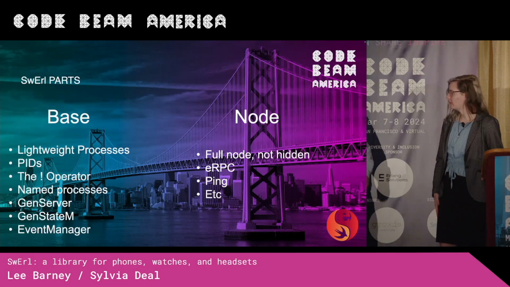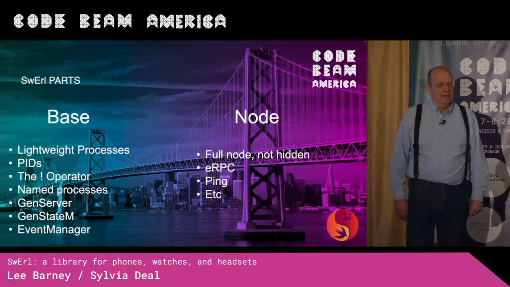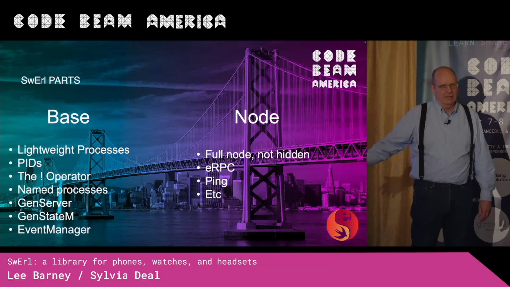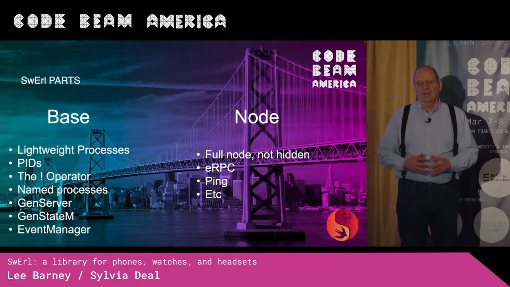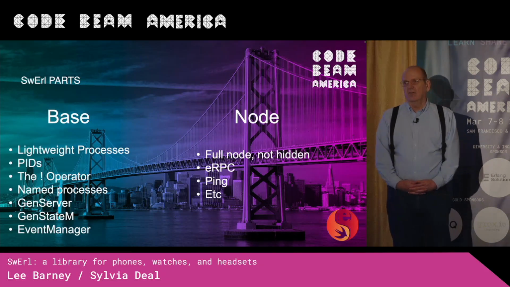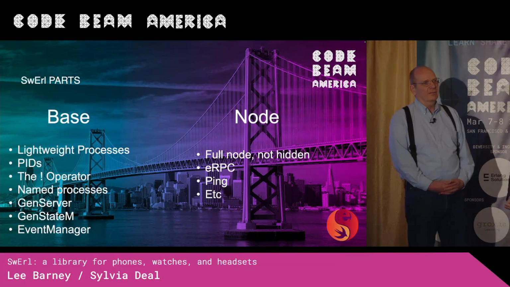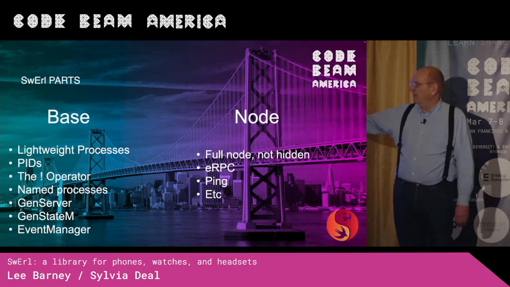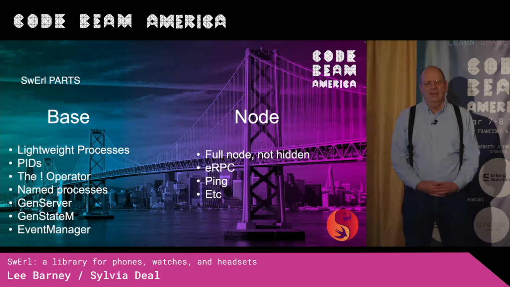Okay, so SwErl comes in two parts. We've got the base part, and then we've got the node part. You can see here how they're broken out in the way we are organizing the code. You see what our intention is to create over on the node side. Currently, not everything over there is working. Everything over on the left-hand side is. We are doing some potential optimization over on your left-hand side right now.